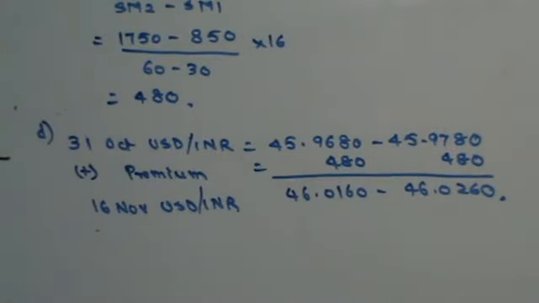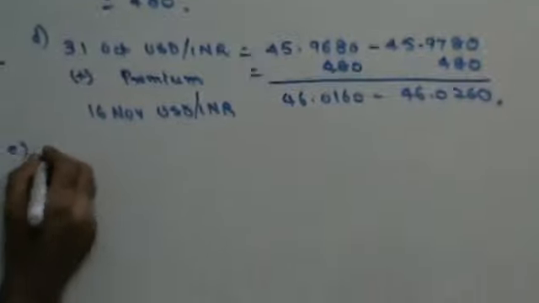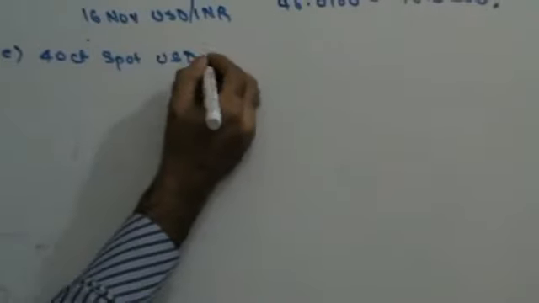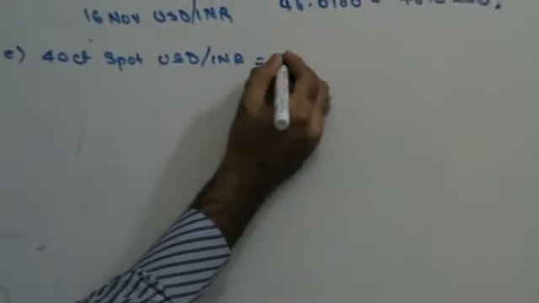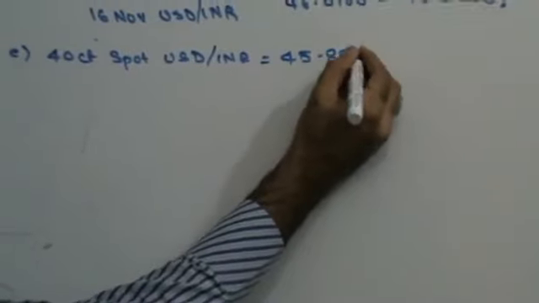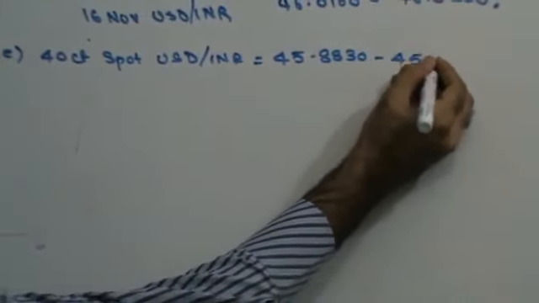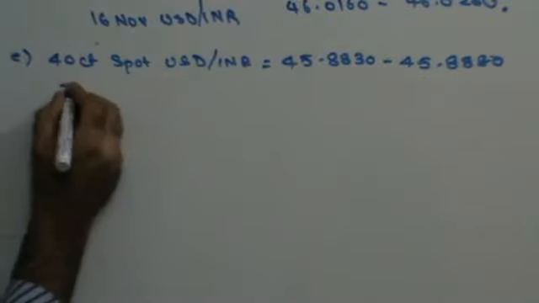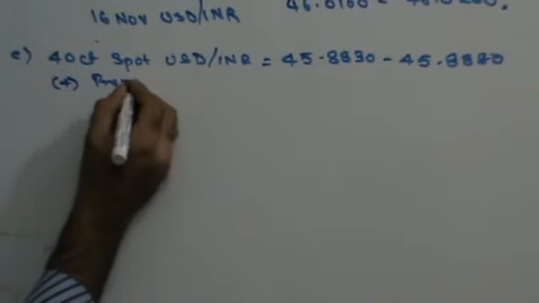Now let's see how I find out for 2 months 3 days. First of all, let's find out the 4th October spot USD INR, which is 45.8830, 45.8880. They've given you spot November. Now if you look at your swap points, they are in ascending order. Since they are in ascending order, that means it is going to be premium.